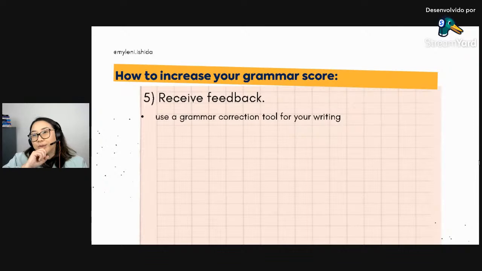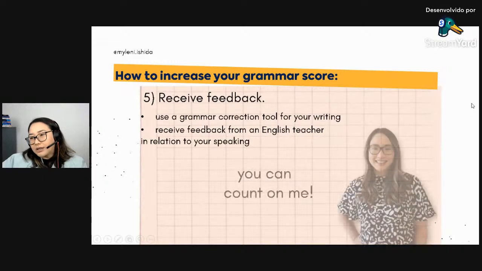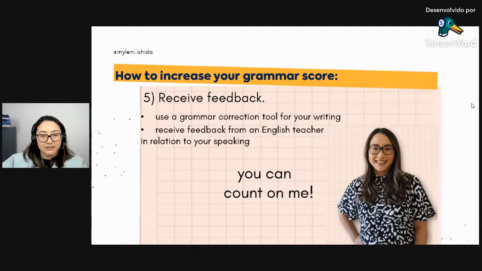What you can do, and this is what I tell my students in the Duolingo English course, I give you some tips on how you are going to use the Google Docs, okay, for you to speak, and then they will correct, right? So you can use artificial intelligence tools, but of course, you can also count on teacher Milene, right? You can count on me to help you, giving you feedback, especially related to your speaking.